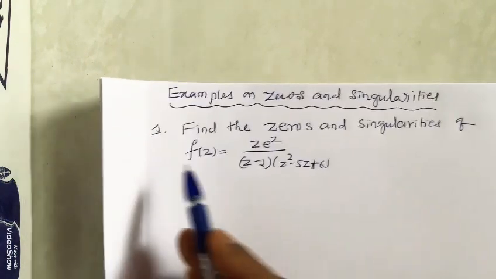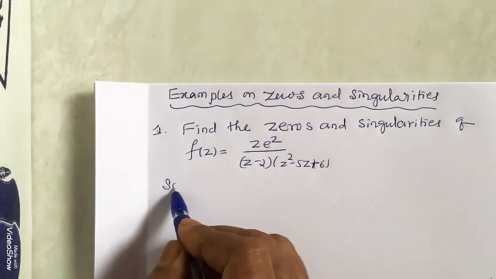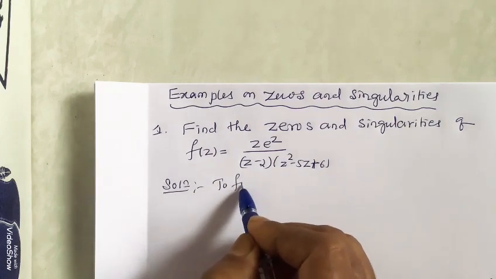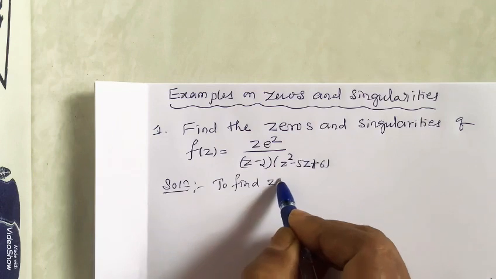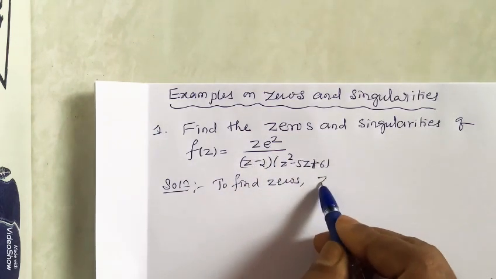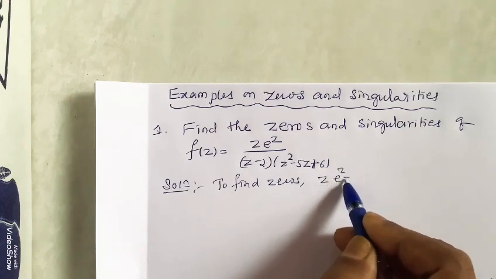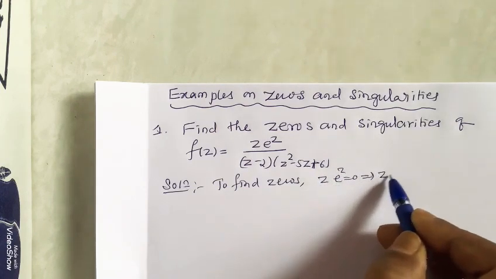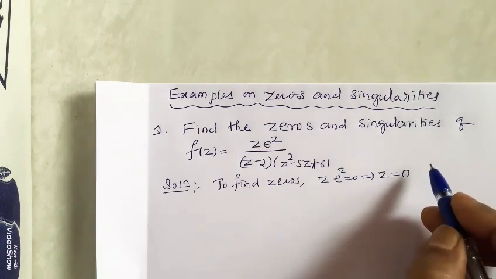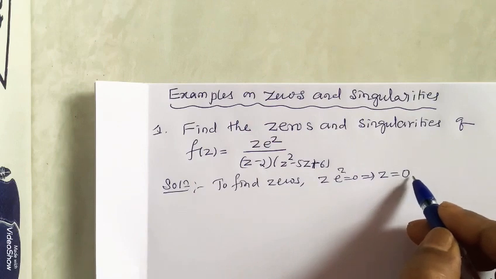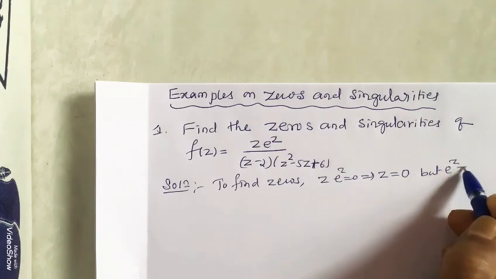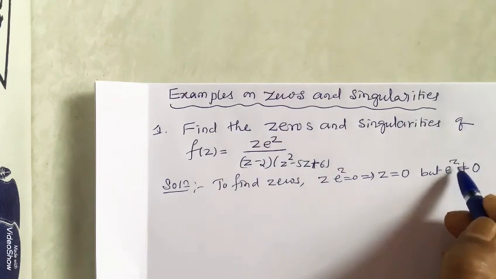To find the zeros, equate the numerator to 0 here: z into e raised to z equal to 0. So this implies only z is equal to 0, because e raised to z is not equal to 0 for any finite value of z.